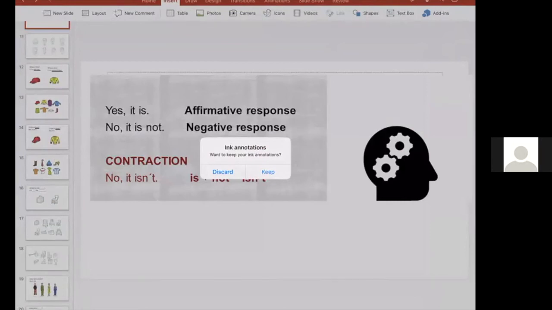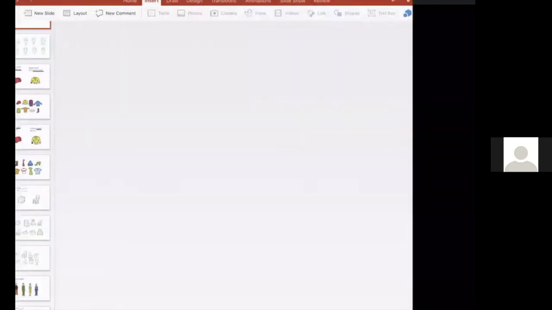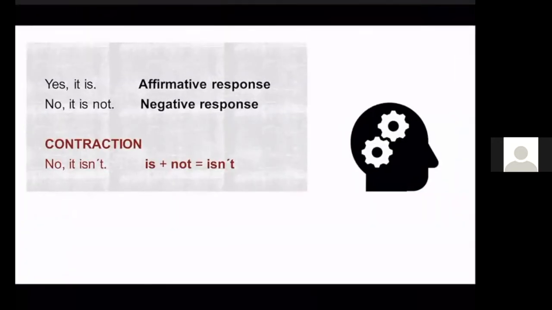So here you will do the same thing, and I'm going to get other volunteers to do this one too. Remember, affirmative response, yes, it is. Negative response, no, it isn't, or no, it is not. Contraction, no, it isn't. Is not, isn't.